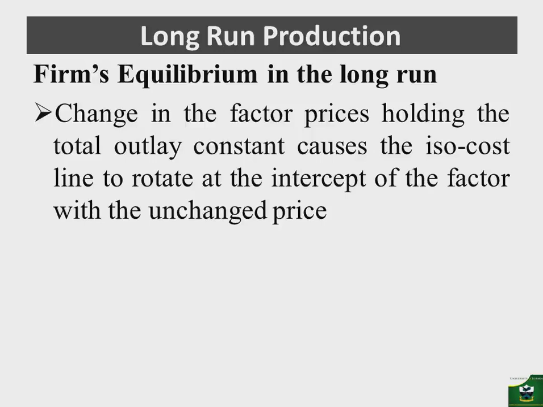Note also here that changes in the factor prices, holding the total outlay constant, cause the isocost line to rotate at the intercept of the factor with the unchanged price. Now this may sound too technical, so let me try to illustrate. So we have this isocost line. When we say it rotates at the intercept of the factor with the unchanged price, we're talking about this intercept here where the price has not changed.